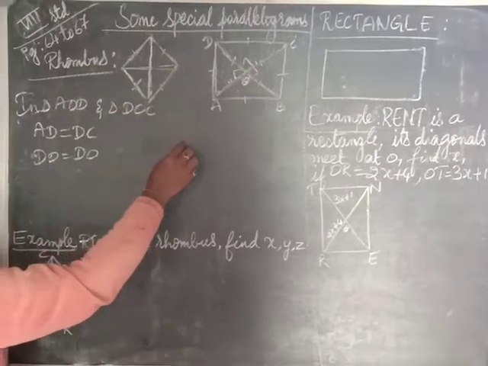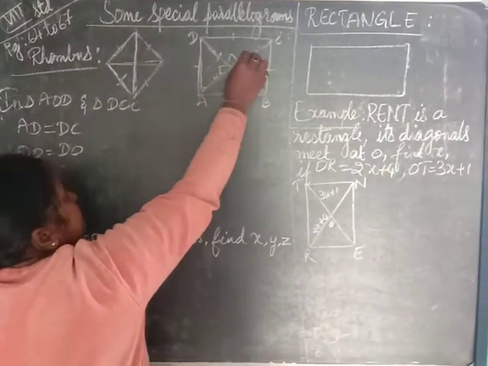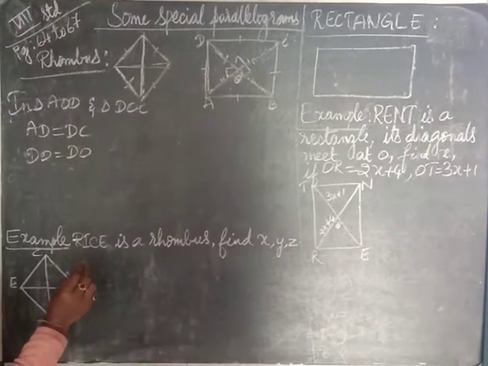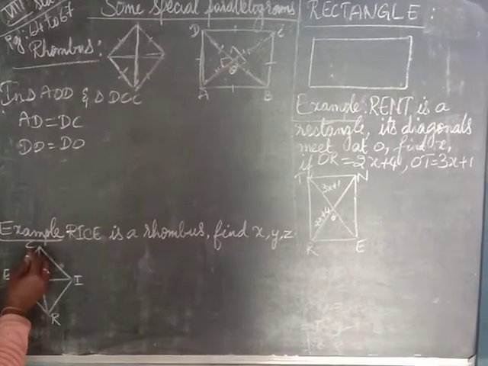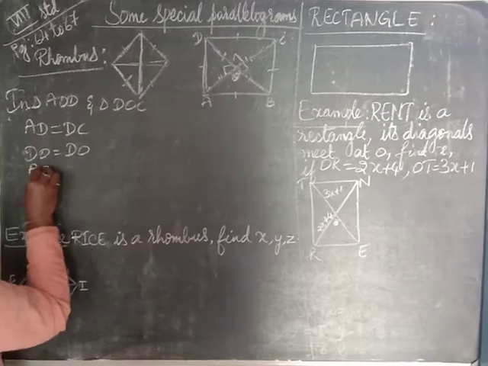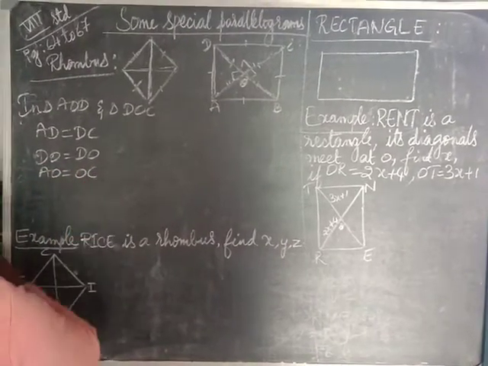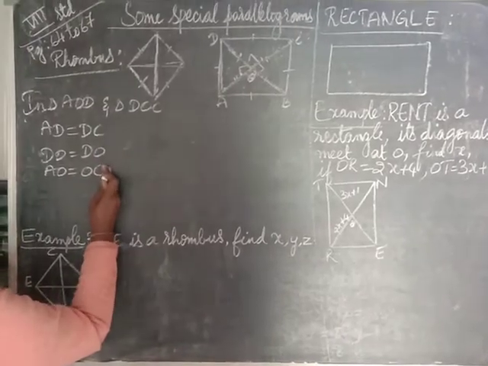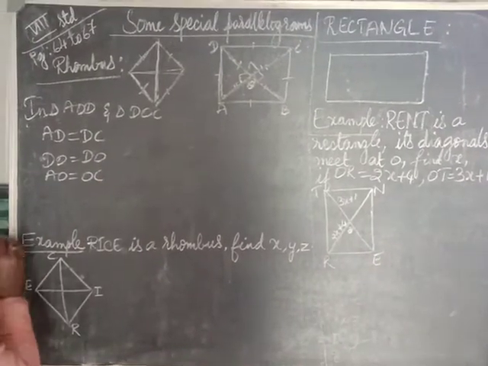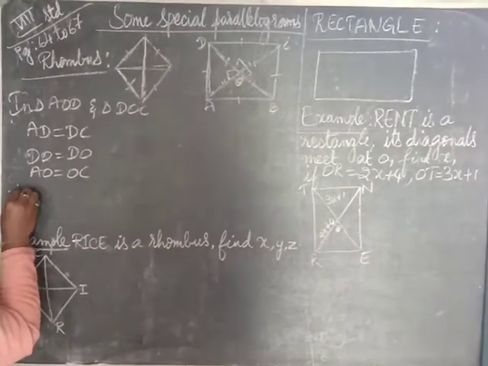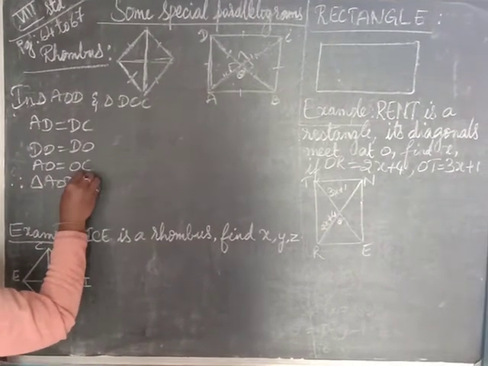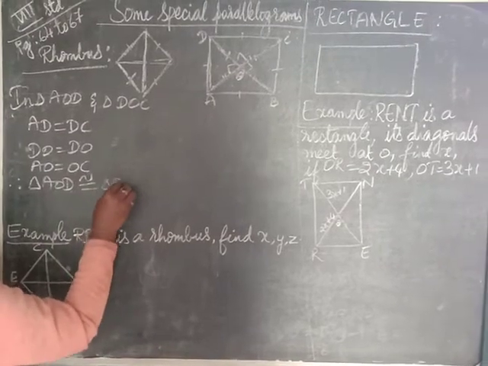Why? Because diagonals bisect each other, as we have studied in properties. Now see, 3 pairs of sides are equal. Therefore, triangle AOD is congruent to triangle DOC.